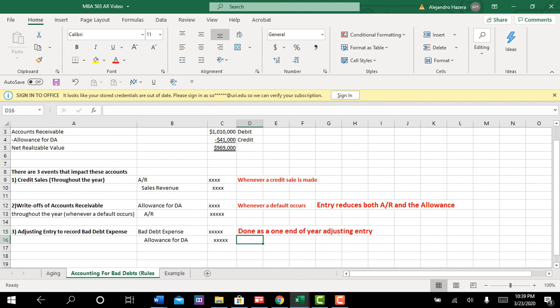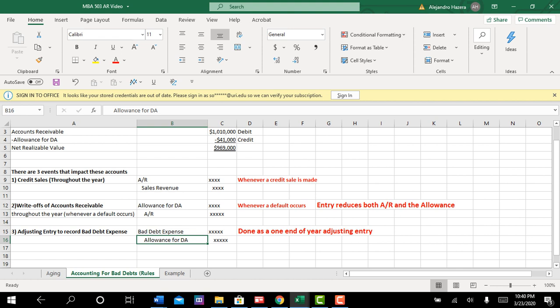And the purpose of this entry is to do 2 things. First of all, you have to replenish your allowance account. Just like I said, if you make enough debits to the allowance account, pretty soon you run out of $41,000. So that's the first part, to replenish your allowance account.